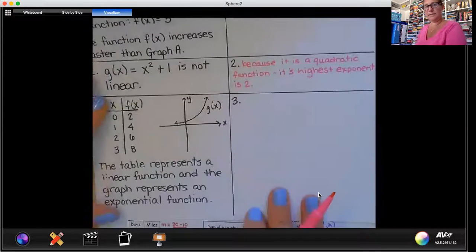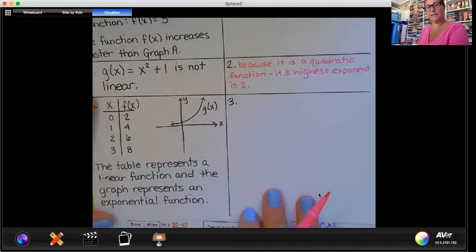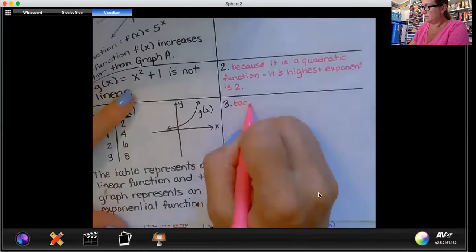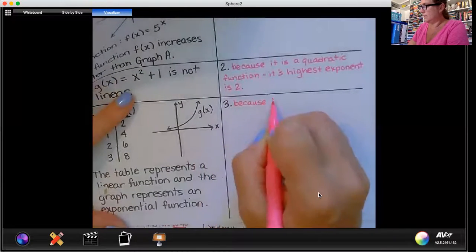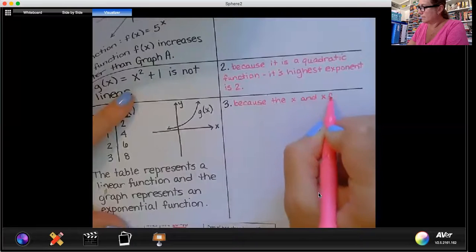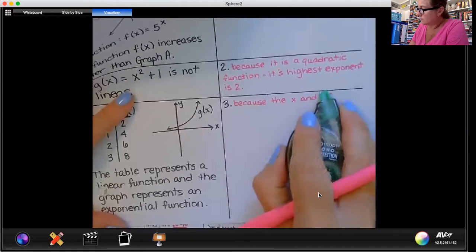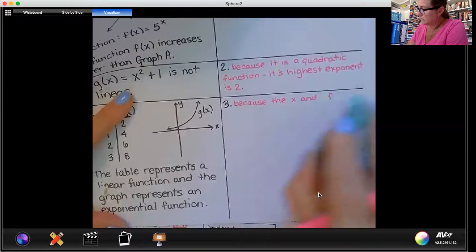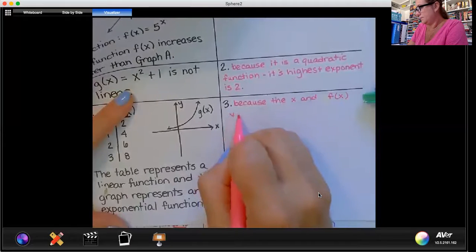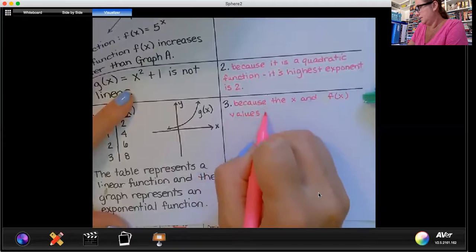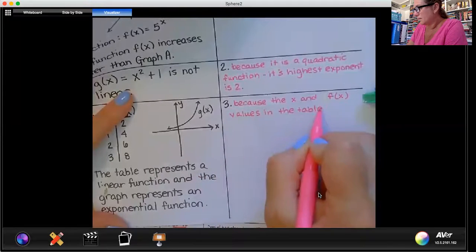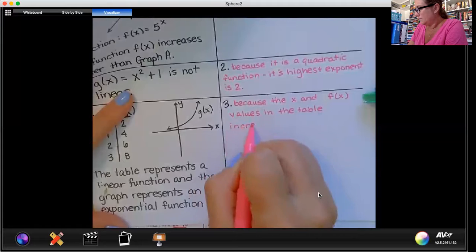The table represents a linear function and the graph represents an exponential function. Why? Because the x and f of x values in the table increase at a constant rate.